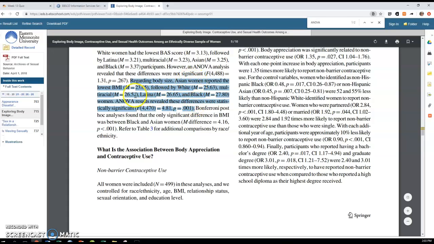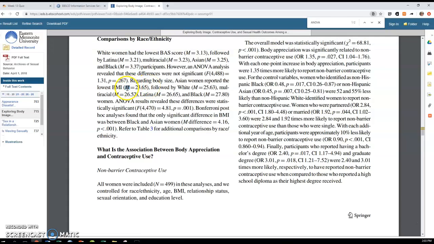So they split it into these different groups. This would be the Asian women, white women, Latina, Black, and multiracial. And each of them is followed by M equals something. Sometimes they'll also put a standard deviation in there, but they should give you the means.